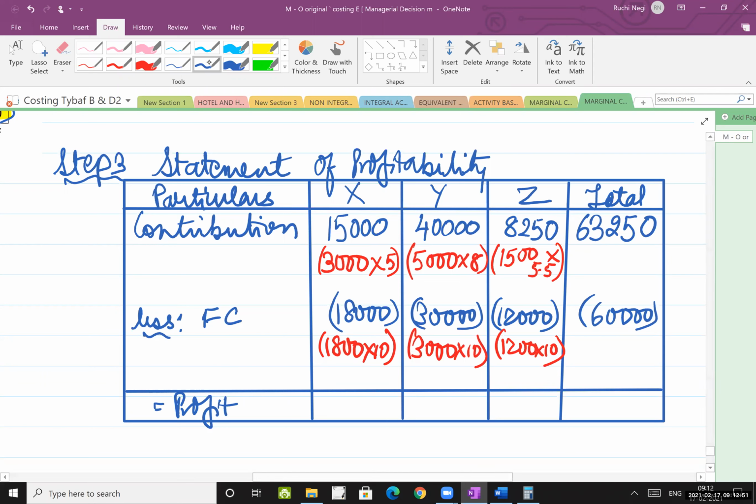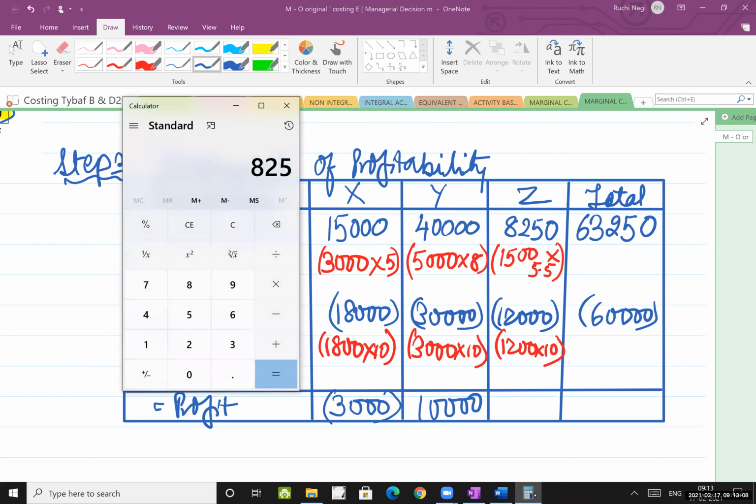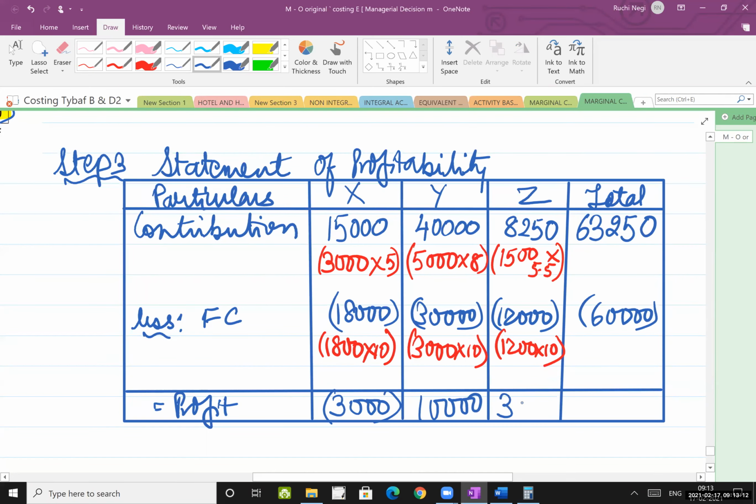Alright. Now check. 15,000 minus 18,000 is 3,000 negative. This is loss. 40,000 minus 30,000 is 10,000 profit, and 8250 minus 12,000 is 3750 negative, loss.